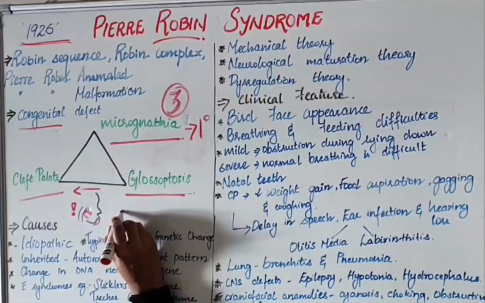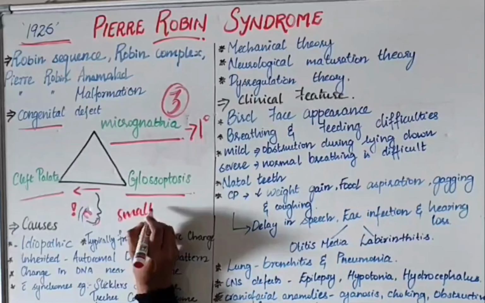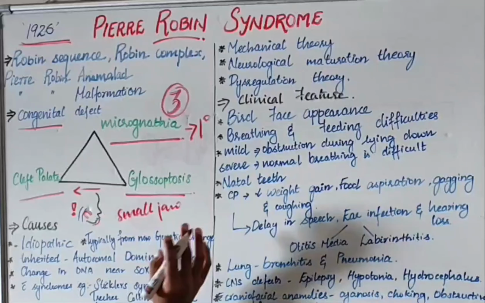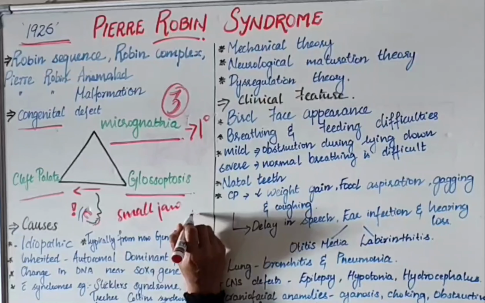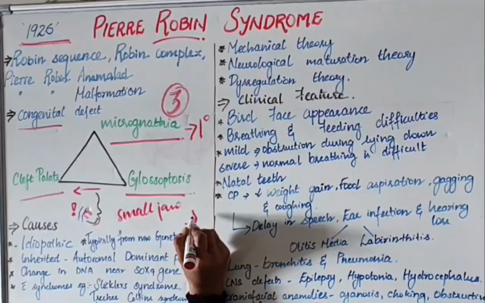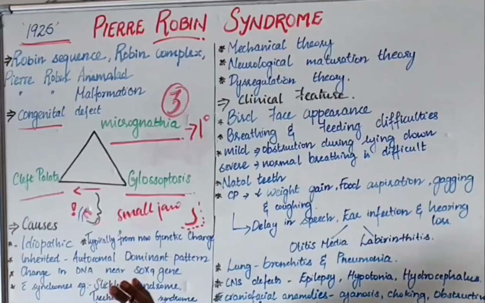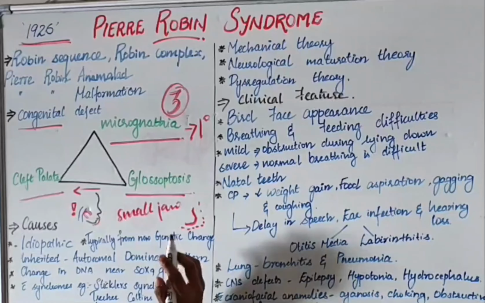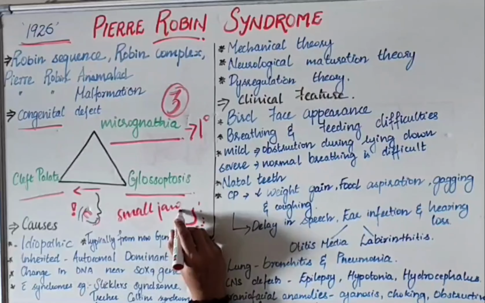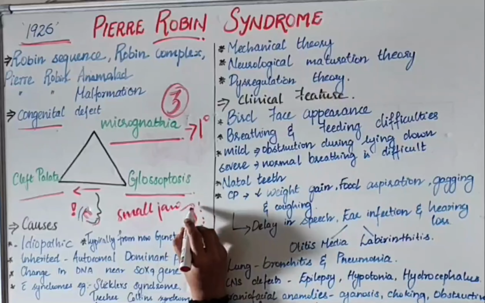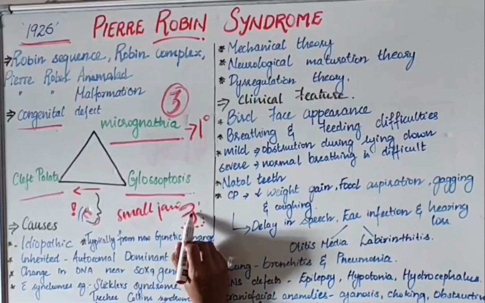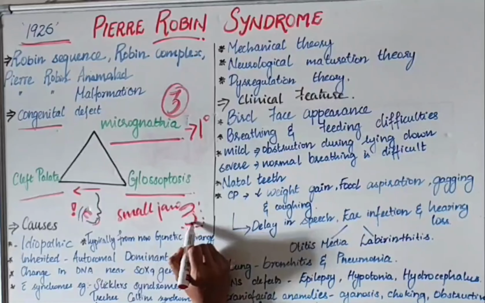Micrognathia means a small jaw. Imagine the jaw is this one, this is the mandible. This should be the normal size, whereas in Pierre Robin the jaw is small. When the jaw is small, the tongue develops in the fetus at normal size, but the jaw is small.